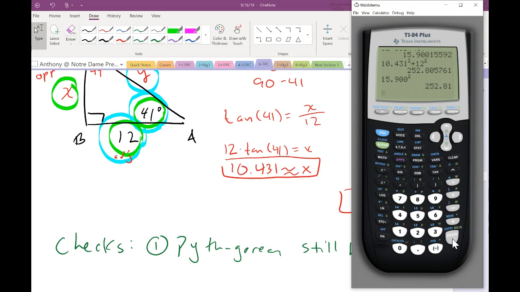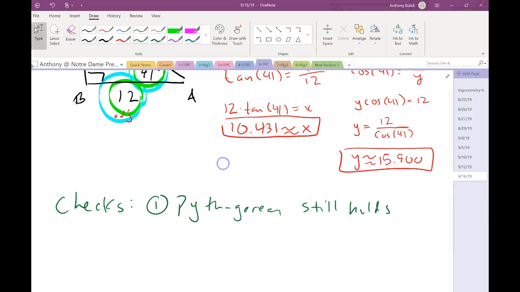There's a second check that's even faster that doesn't require us to use our calculator.